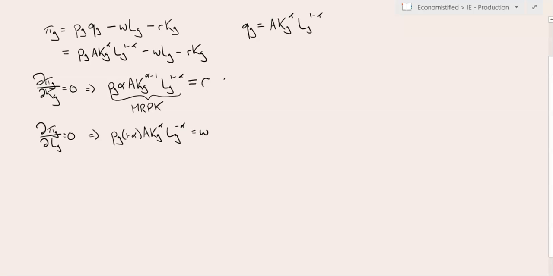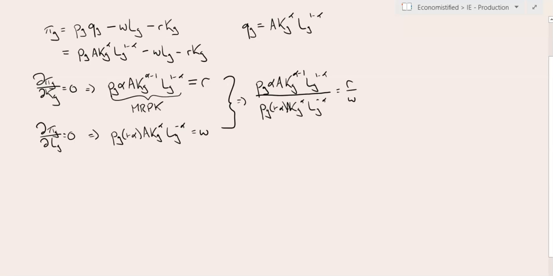Now we can go ahead and combine these two expressions by dividing one by the other, and that gives us the following ratio. And this, of course, tells us that the marginal rate of factor substitution, or sometimes called the marginal rate of technical substitution, is equal to the ratio of the factor prices.